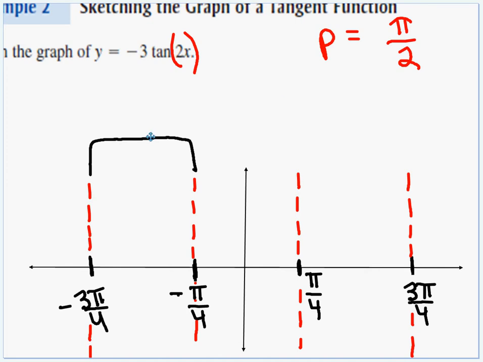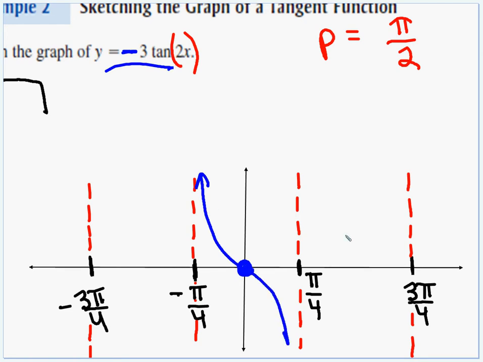Okay. Again, the 3 doesn't change much of the shape of our graph, but the negative does. So let's see, remember in between these vertical asymptotes, we have an x-intercept right at the origin. Negative tan is going to go up to the left and down to the right. And then here between quarter pi and 3/4 pi is another x-intercept, and that's at pi over 2.